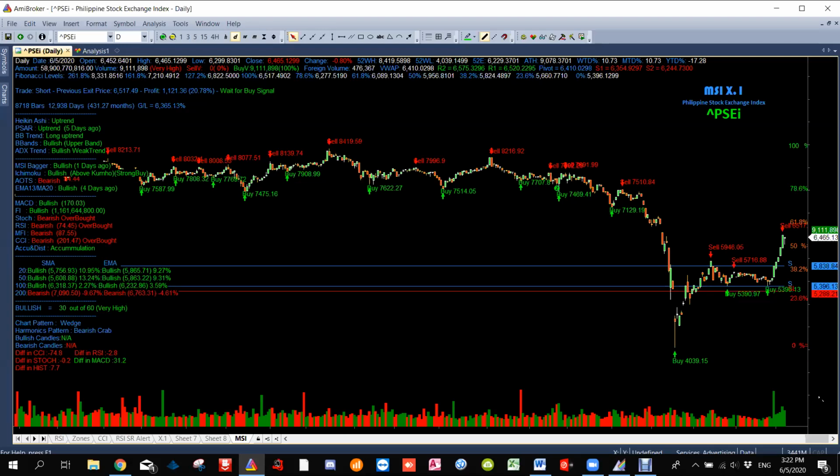Okay, so if like me, I am a momentum trader, I would normally go for stocks trading above its normal momentum. So I am using the RSI para malaman ko kung nasaan na yung momentum phase niya.